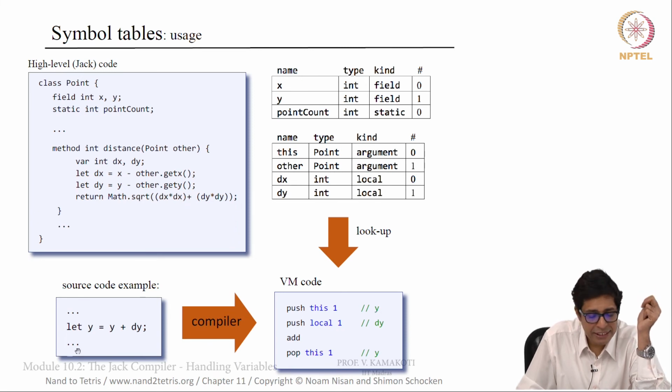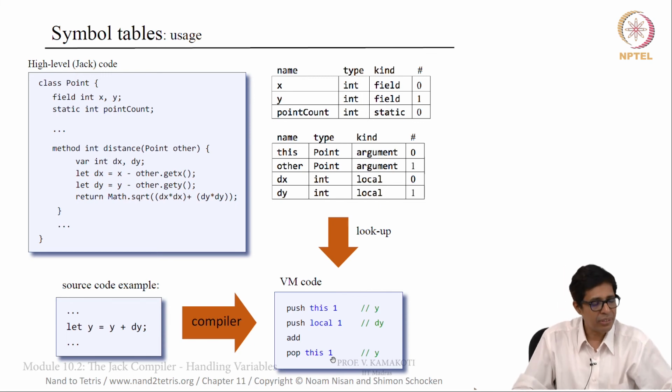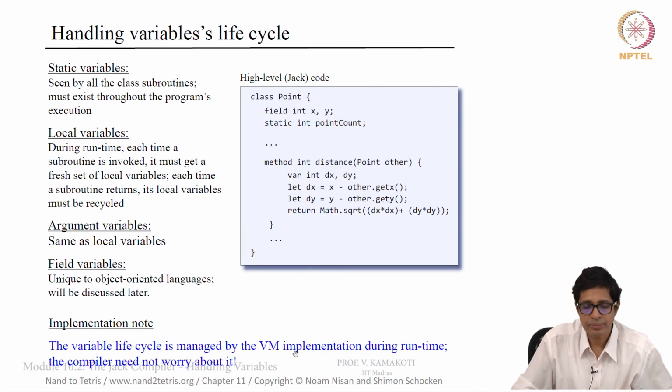The moment I see push y, where is y? I go back, it is field 1. Then I say push dy, dy is local 1, add, and pop y, y is again this one. So, by using this symbol table, I can translate push y, push dy, add and pop y to push this one, push local 1, add and pop this one. So, these are very simple things, right.